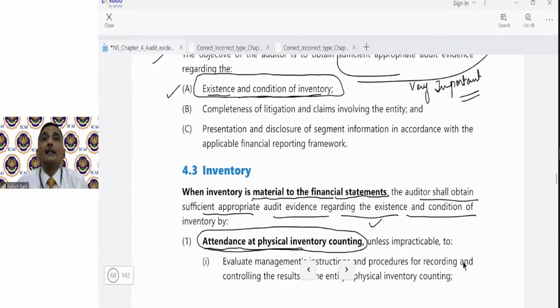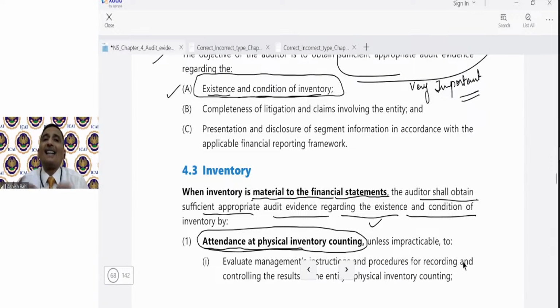You would be evaluating these things. You would be inspecting these documents, and simultaneously inspecting the management instructions and observing others perform processes.